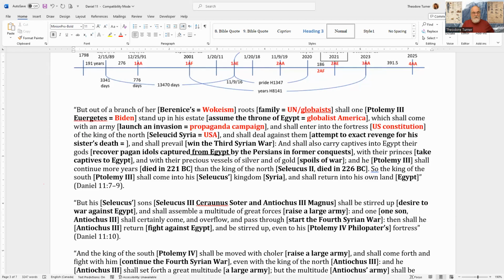Anyone? Is there some kind of revenge being enacted right now in the United States? Okay, so we got lawfare. Yes, it is.